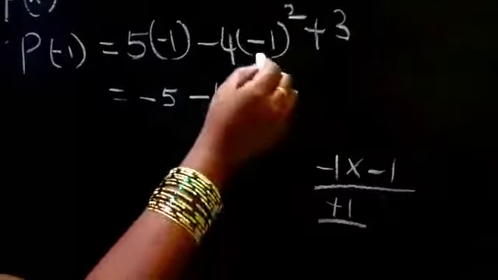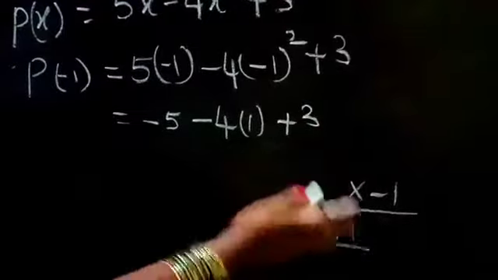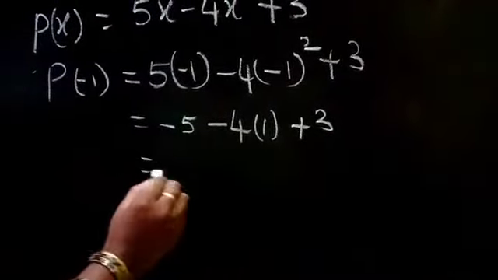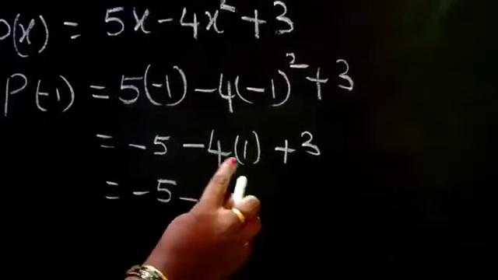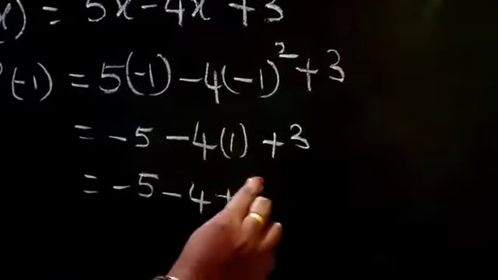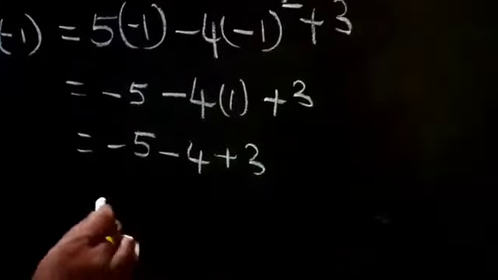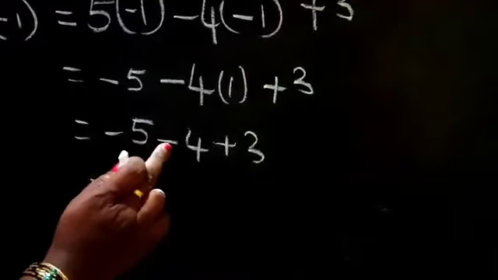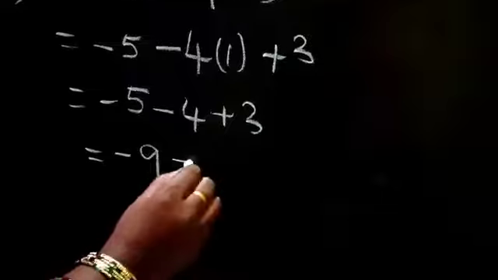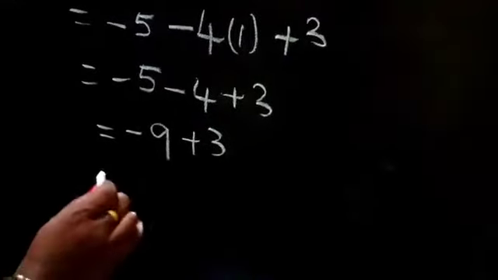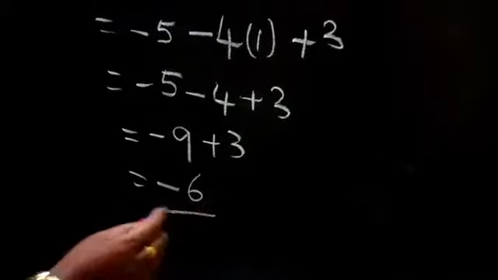So we get 1 plus 3. Now minus 5, and minus into plus gives minus 4 into 1, minus 4, plus 3. Minus 5, minus 4, we have to add both numbers because we have the same sign for both. So it becomes minus 9 when we add. Now this is plus 3. Now minus 9 plus 3 will be minus 6.